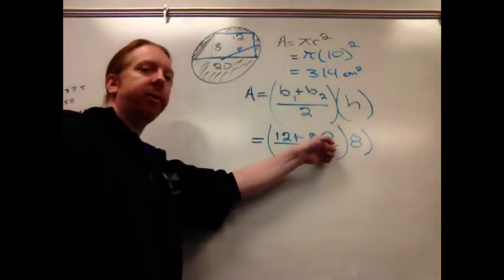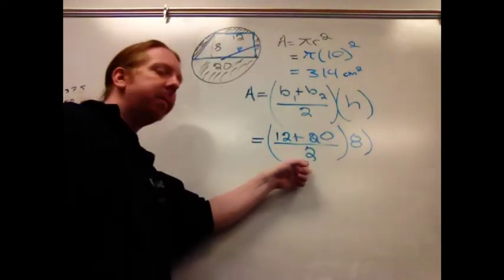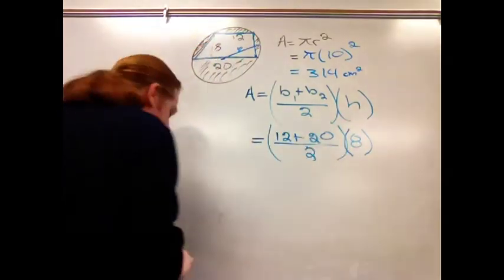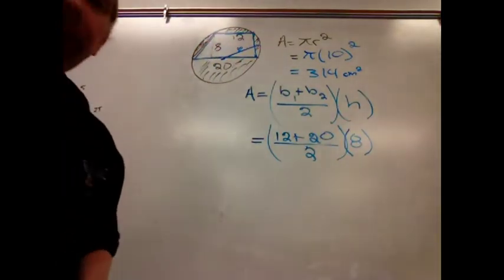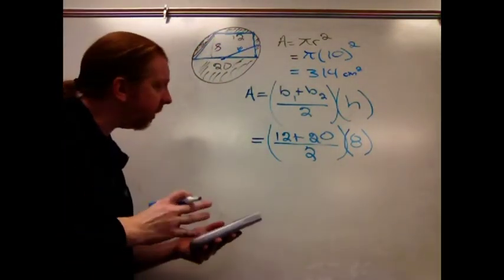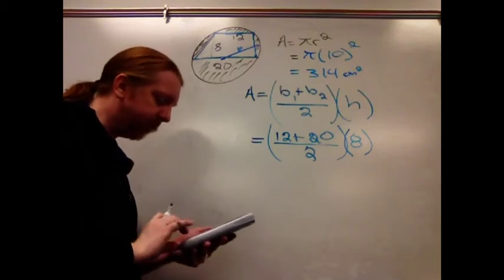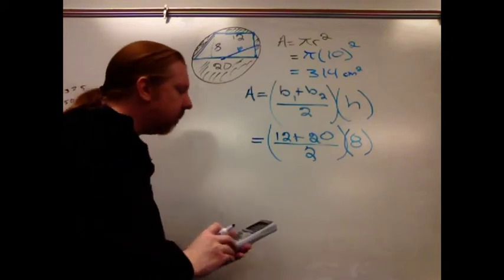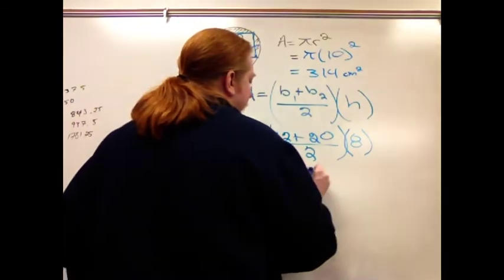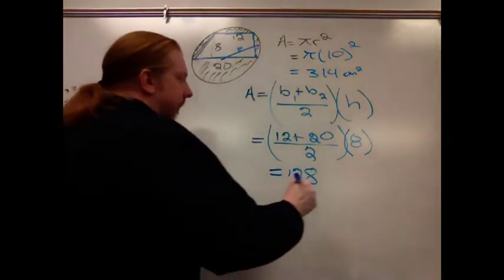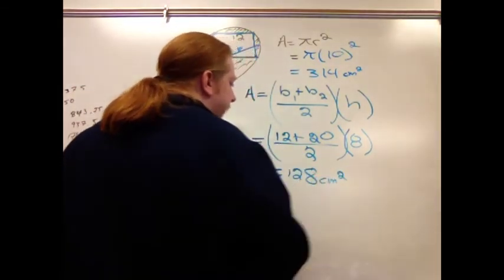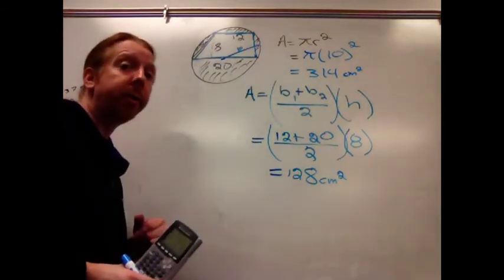This is going to combine to 32. Divided by 2 is 16. And 16 times 8, a little shaky, I don't want to make a mistake on this, I'll double check with my calculator, gives me 128. So that's the part I've removed.